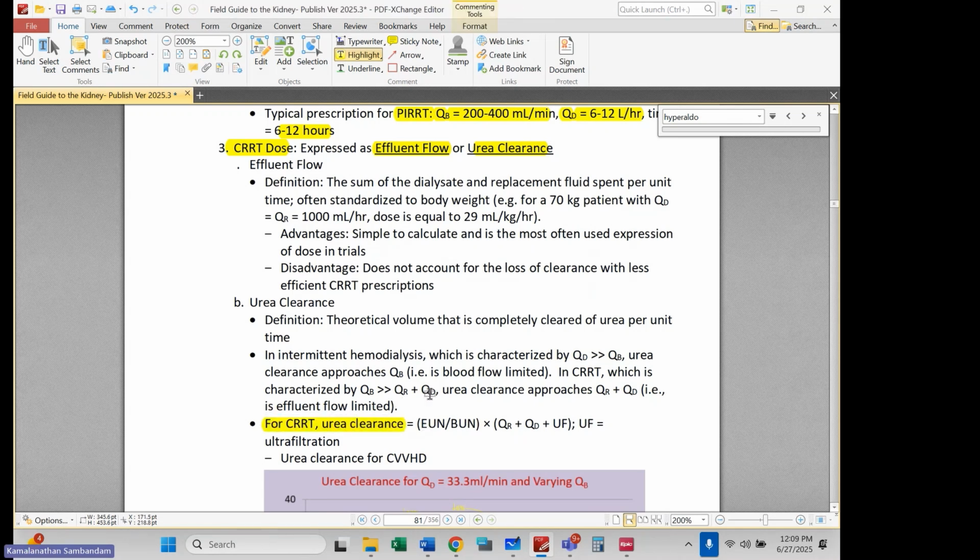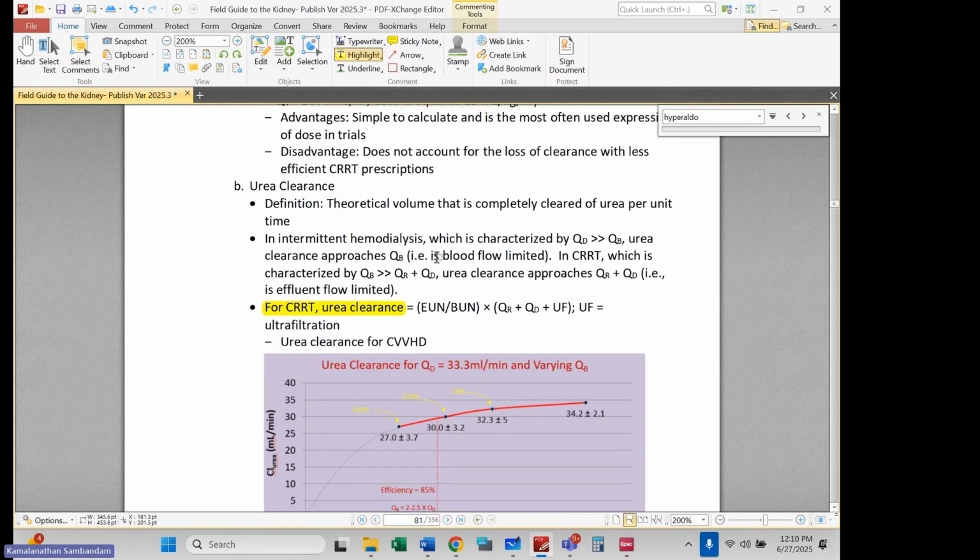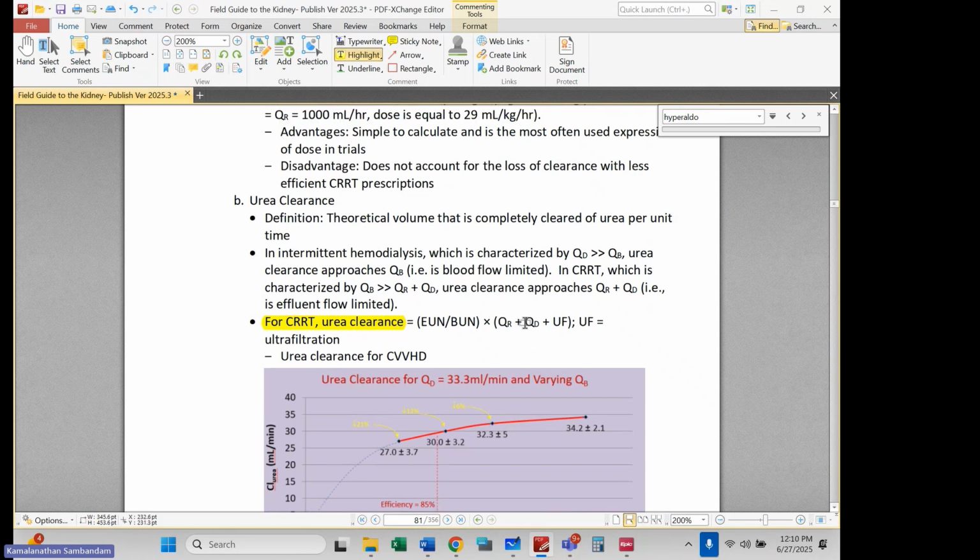This has the similarity to the familiar creatinine clearance, where it's urine creatinine over plasma creatinine times my urine flow rate. So UV over P. The analog of urine creatinine in this case is effluent urea nitrogen over blood urea nitrogen. The analog of the urine flow rate is simply how fast your dialysate and replacement fluid are flowing. And that's how you calculate a urea clearance, okay?